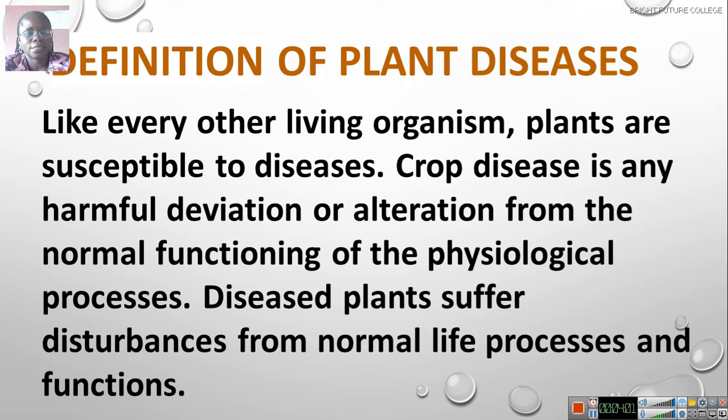Crop disease is any harmful deviation or alteration from the normal functioning of the physiological processes. I take it again. What do you mean by crop disease? Crop disease is any harmful deviation or alteration from the normal functioning of the physiological processes. Diseased plants suffer disturbances from normal life processes and function.